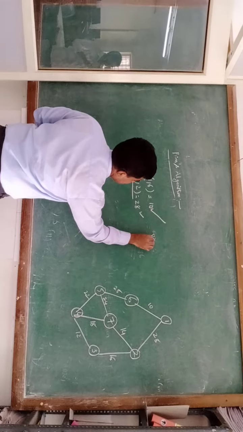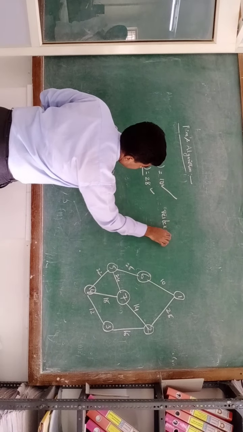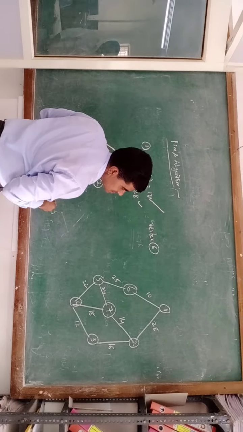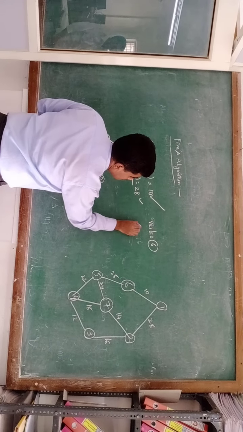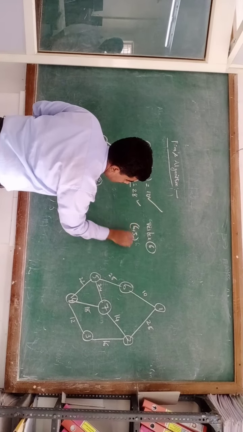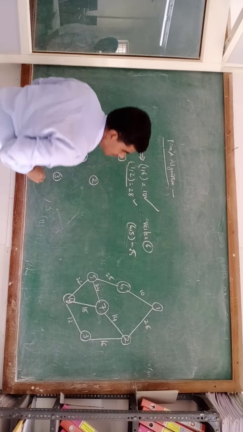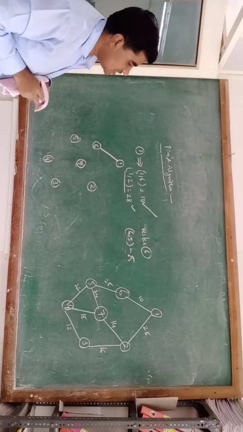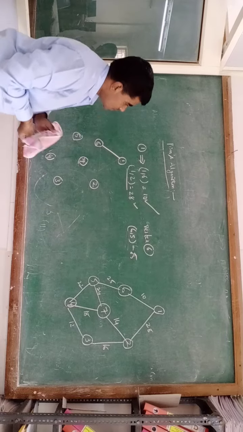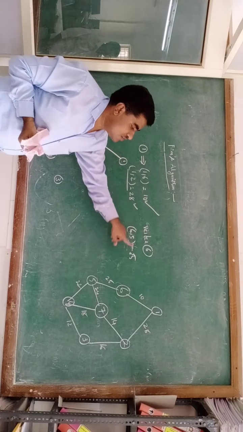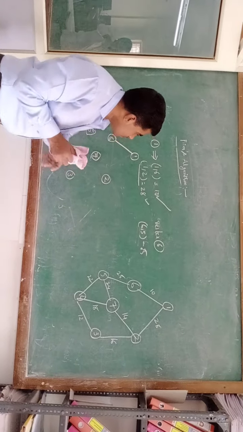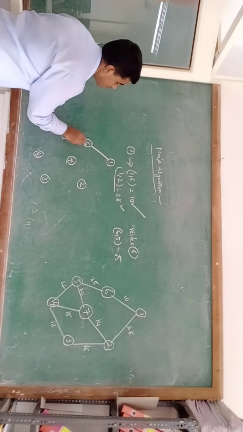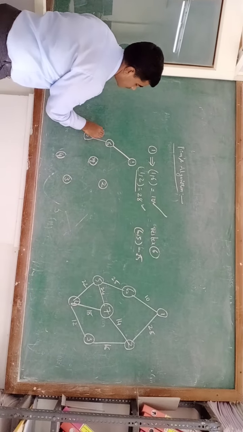For vertex 6, the corresponding edge is 6 to 5, whose value is 25. Is there any other corresponding edge? No. So 28 is there, 25 is there. Which one is minimum? 25 is the minimum. So we have to move from 6 to 5, that is 25.